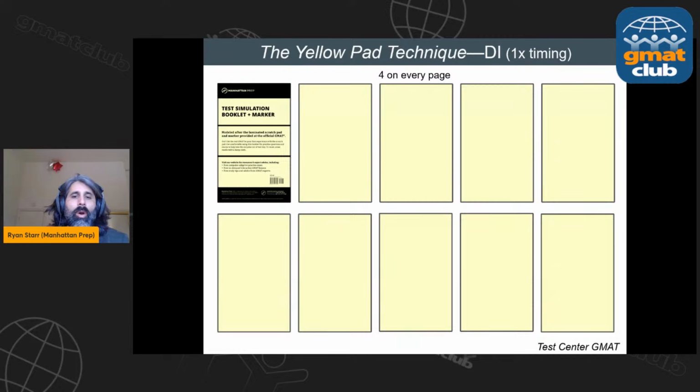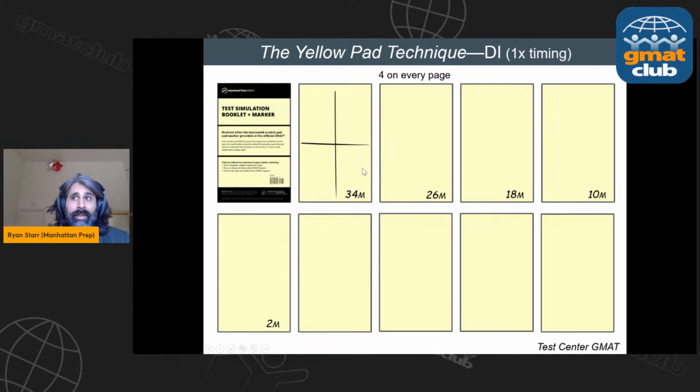All right. What you can do to keep track of your timing is basically do 4 questions on every page. Bracket each page out into quadrants, and count down by 8 minutes with each successive page. The average question in Data Insights is supposed to take you about 2 minutes, which is a bit faster than the old IR section, which clocked in at about 2.5 minutes per question.